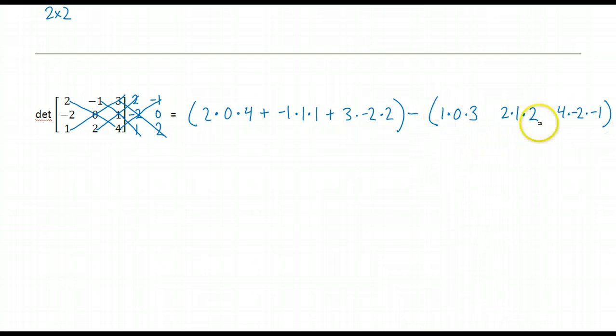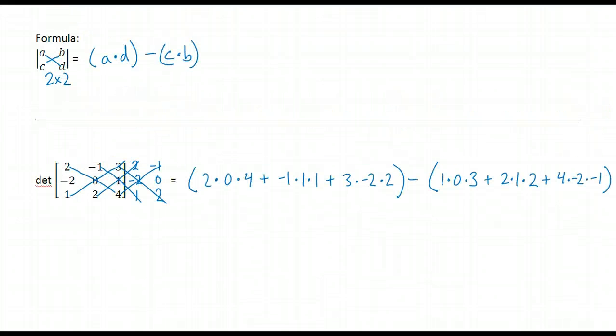These are all my up diagonals, so I'm going to add all of my up diagonals together. So I have all my down diagonals added together and all my up diagonals added together, and just like this formula where I did down minus up, I'm going to do the same thing here. Down, minus, up.